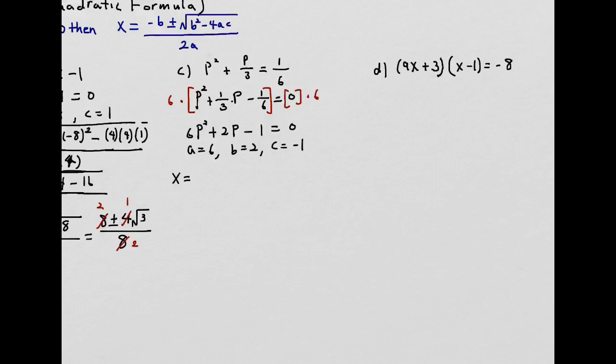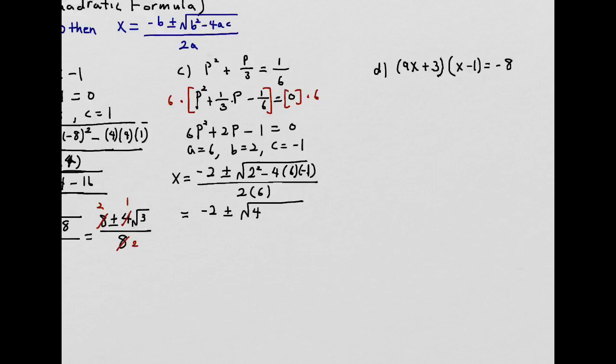Place it into the quadratic formula. You're going to get negative 2 plus minus square root of B squared minus 4AC over 2A. And then when you simplify that, you get negative 2 plus minus square root of, that's 4.